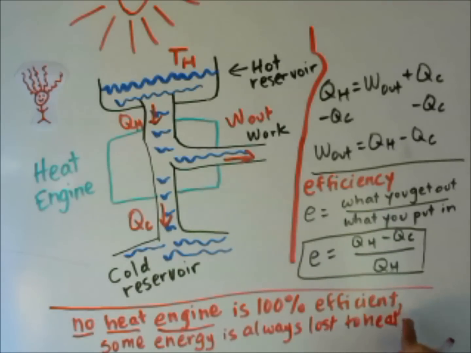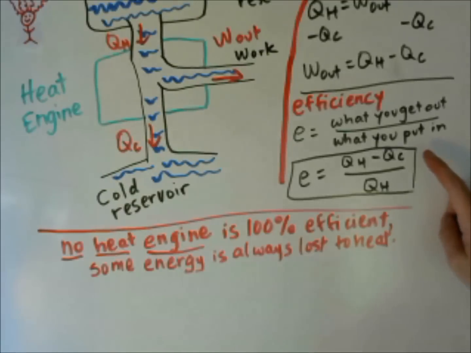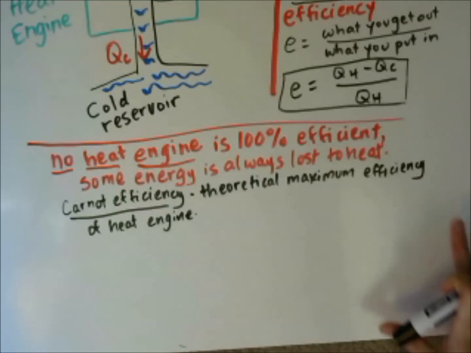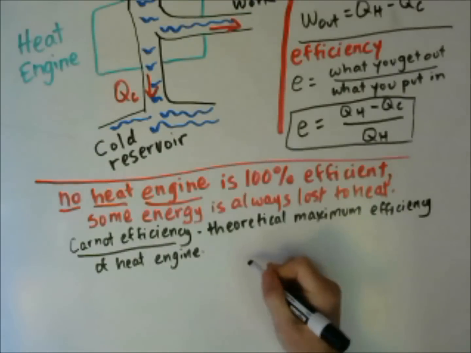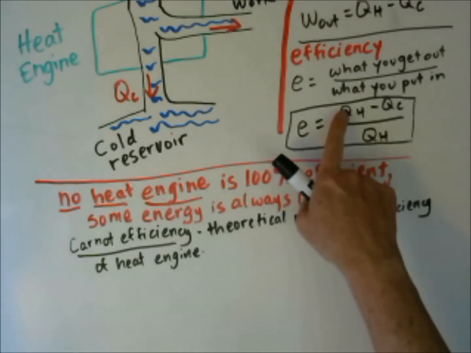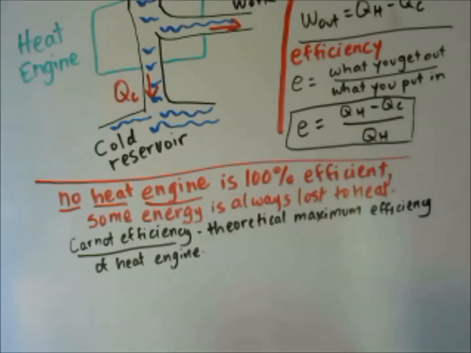We will talk about this concept more in the next lesson, which is on the second law of thermodynamics, which explains why this fact is true. There's another way we can look at the efficiency of a heat engine, and that is to find its maximum efficiency. The maximum efficiency of a heat engine is called the Carnot efficiency. The Carnot efficiency is this equation simplified, QH over QH minus QC over QH.